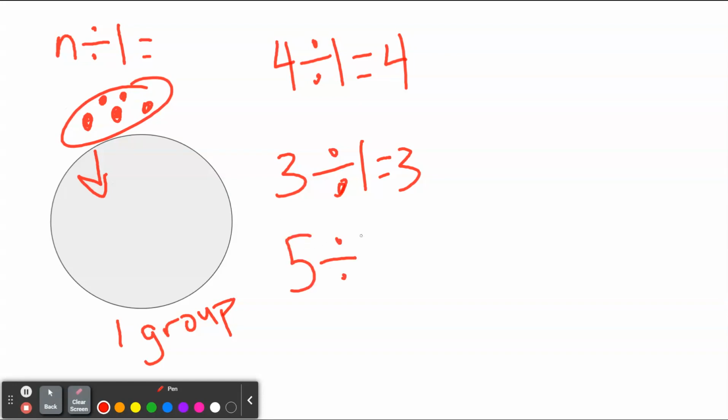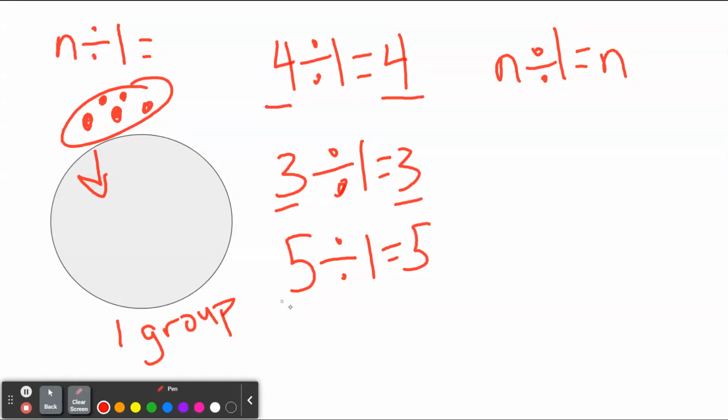So 5 divided by 1 is going to equal 5. So it seems that if I have some number and I divide it by 1, that is going to equal that number. We see that here. 4 divided by 1 is 4. 3 divided by 1 is 3. 5 divided by 1 is 5. So any number divided by 1 is going to equal that number.